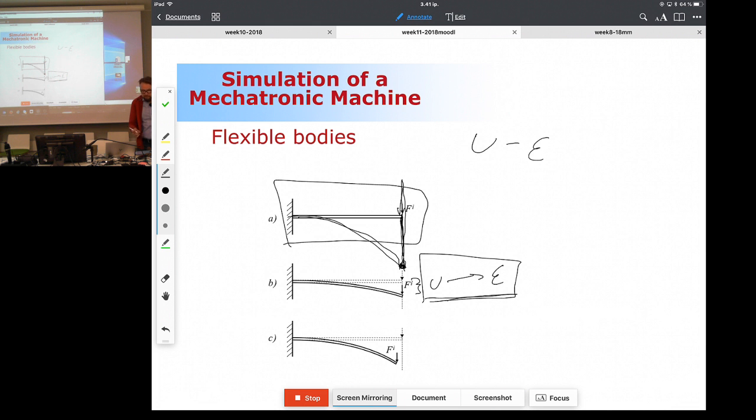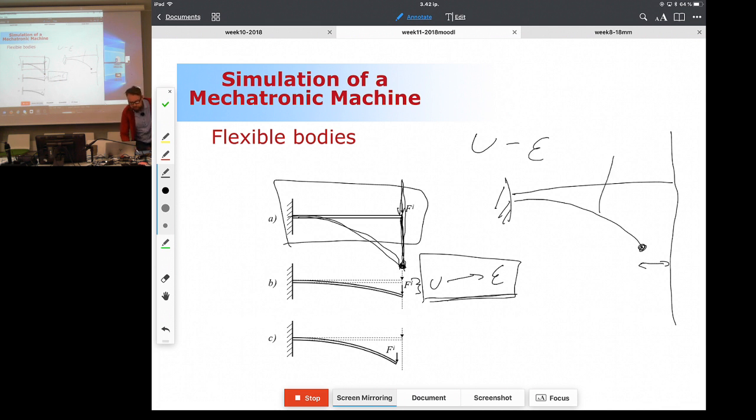In reality, if you have a cantilever structure like this, and this is the initial configuration, when it's deforming, it deforms like this, and it's actually introducing displacement in the axial direction too. And in order to capture this, you have to introduce a nonlinear relationship between strain and displacement.